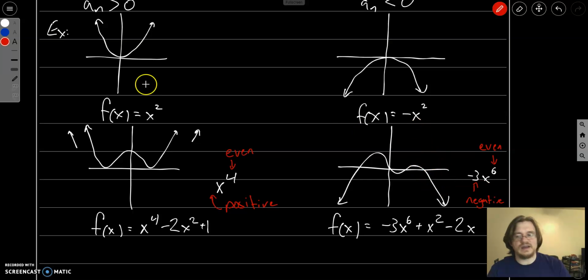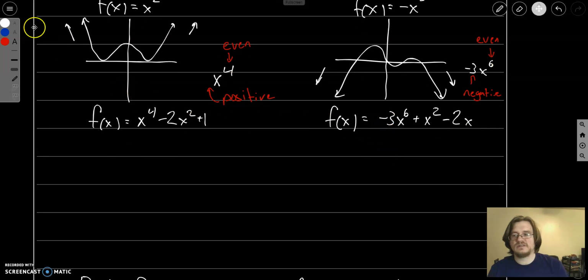So our function is coming down as we go further and further to the right. And if we're going to the left, we're going down. But if we do this correctly and we think about what happens as we go from left to right, we're coming up from the bottom, coming down.